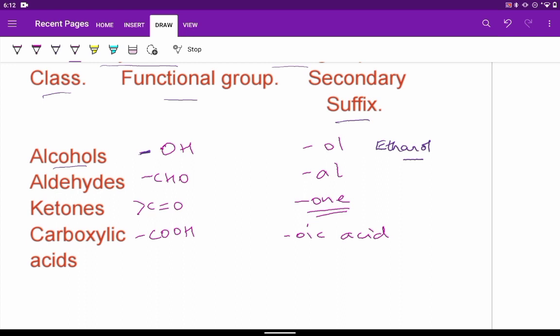Carboxylic acids have the functional group COOH and the secondary suffix will be oic acid, like propanoic acid.